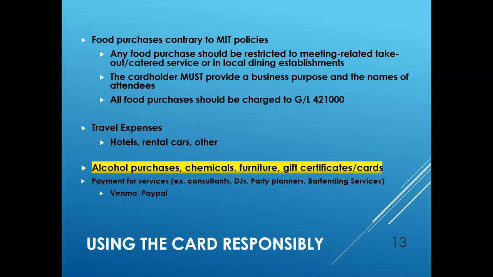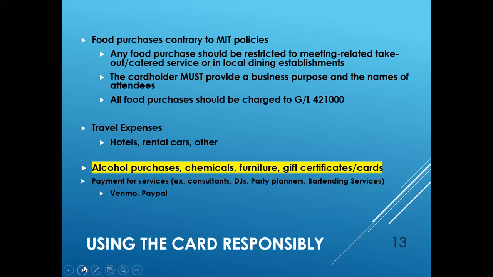Please be sure that when purchasing food, you meet all of the MIT requirements. All food purchases charged to the card must be for a business purpose, and the names of the attendees or the group name and the description of the meeting should be listed.